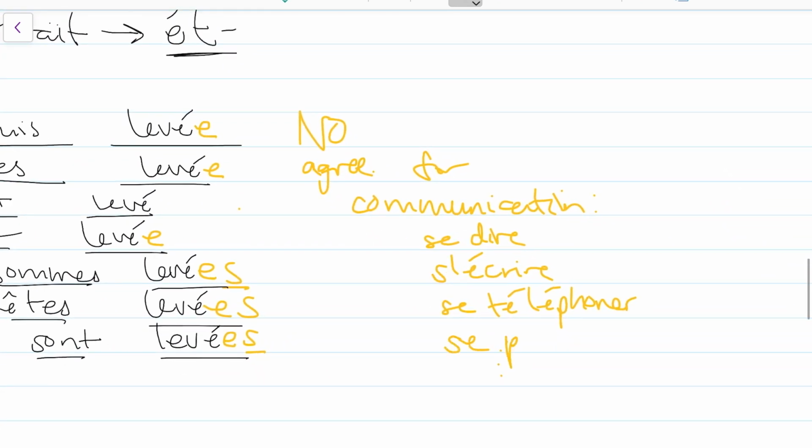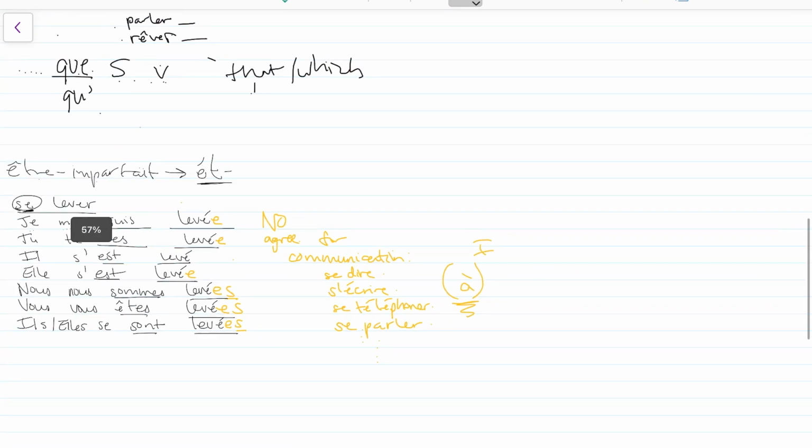And this is really because se parler is another good one. Because when you do these communications, when you say, or when you write, or when you call, or when you speak, you're speaking to another person. When you have that, automatically that makes that indirect. Therefore, when you have indirect object before, you do not have agreement.